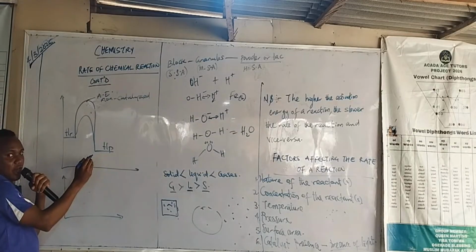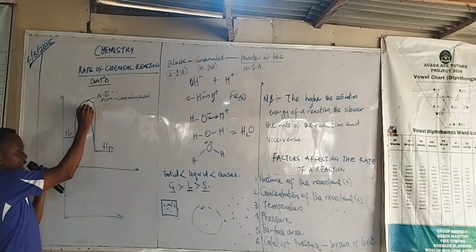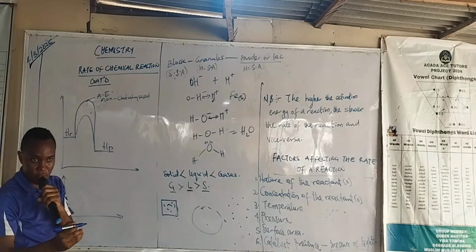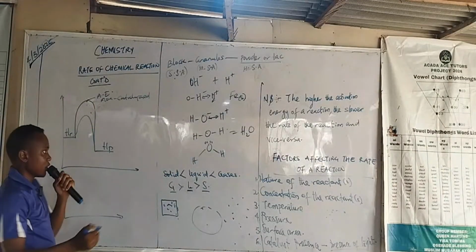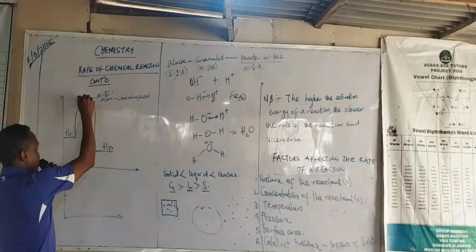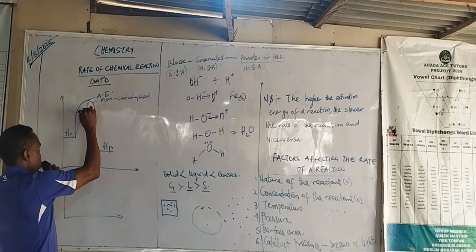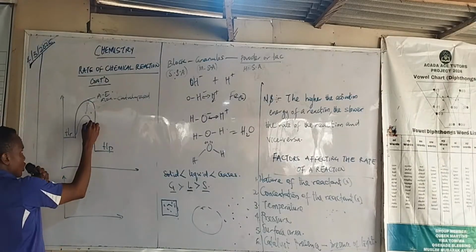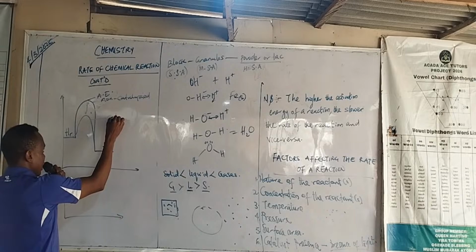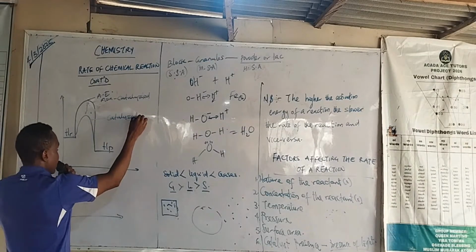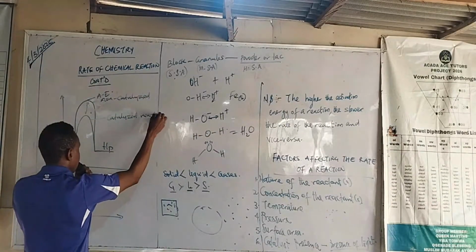What does it have to do with? The energy what? Complex. Yes or no? Such that the activation energy is reduced from here to this particular point. So this one shows what? A catalyzed reaction.